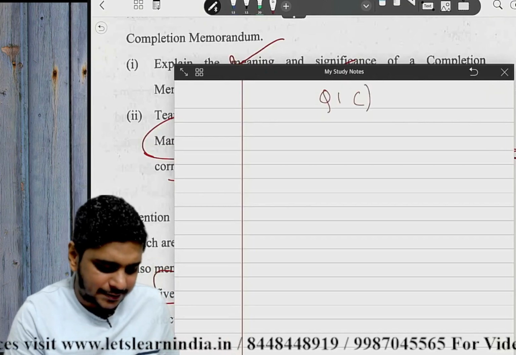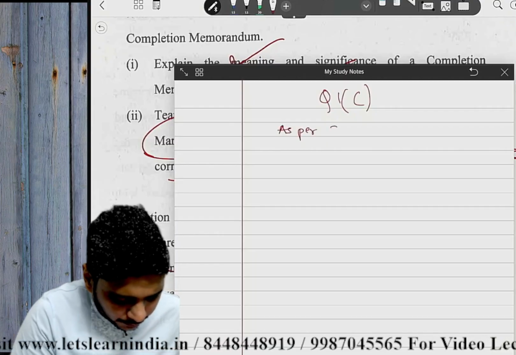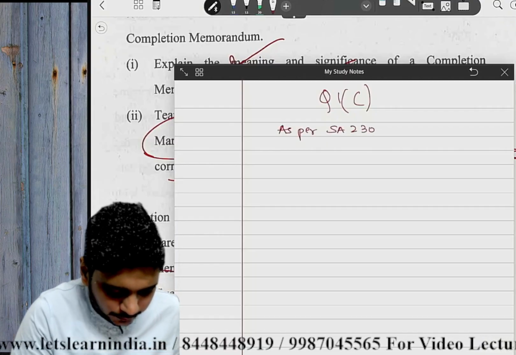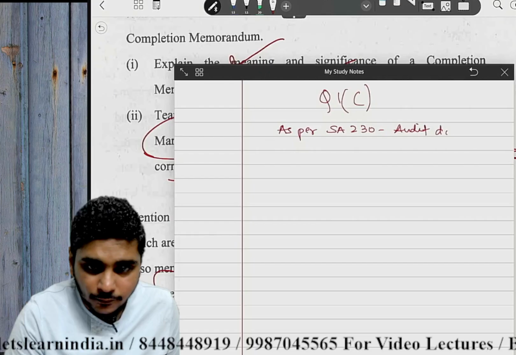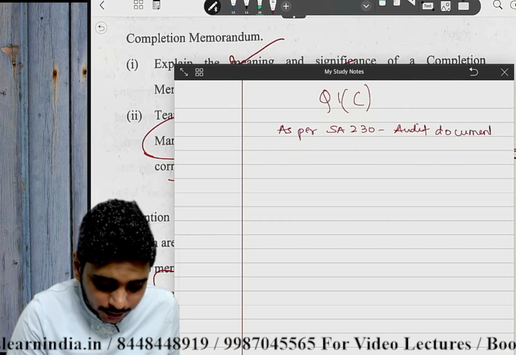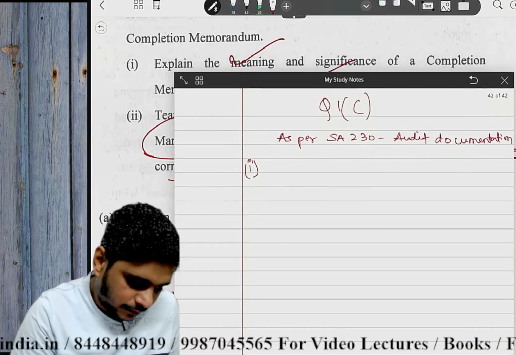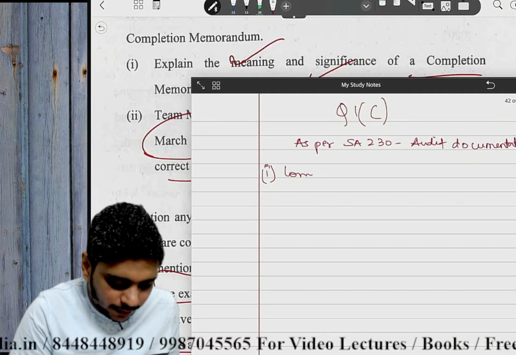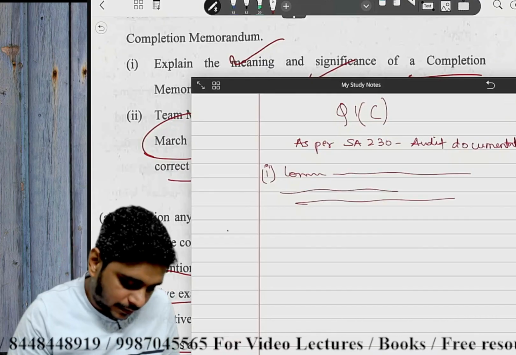You write on the sheet. As per SA 230, audit documentation. First answer: completion memorandum, whatever is your theory, you will write here. Okay, you write the answer. Leave one line.